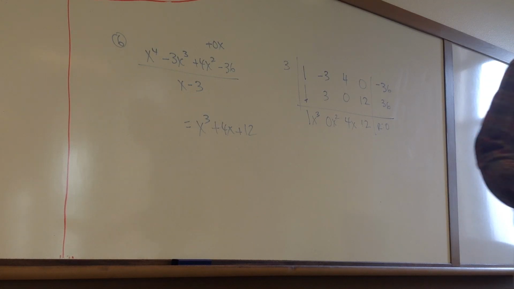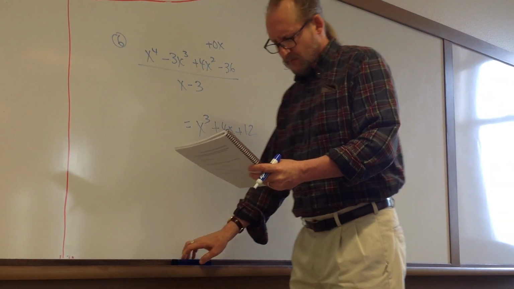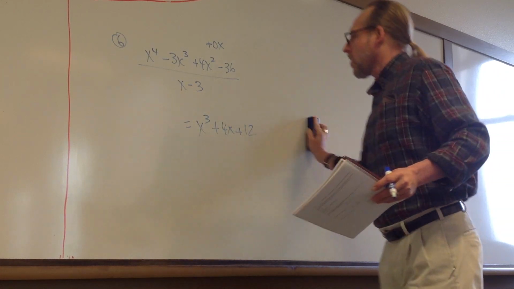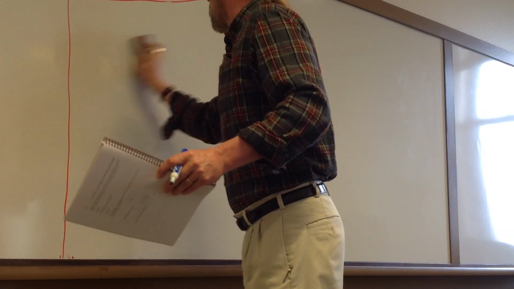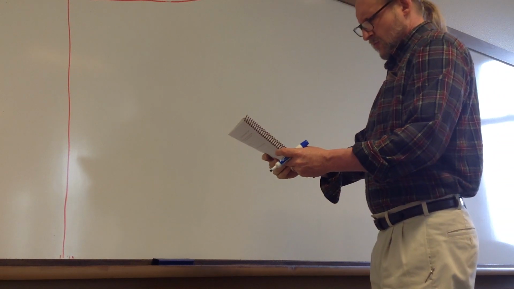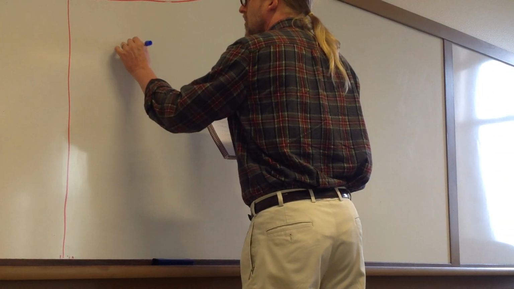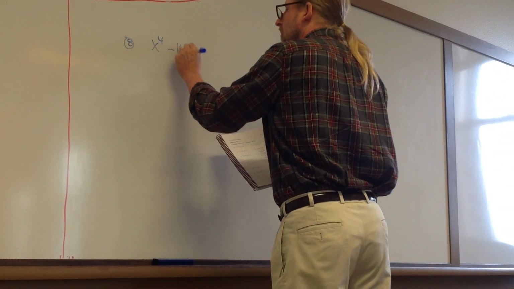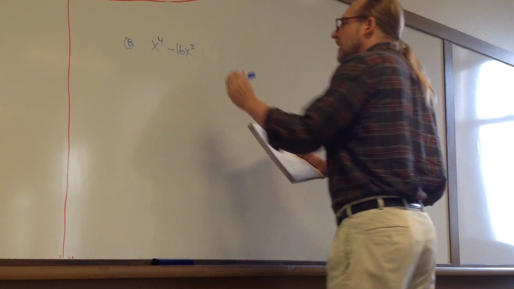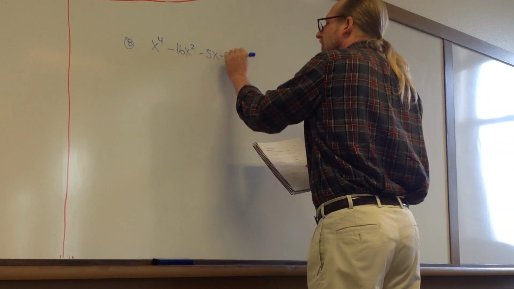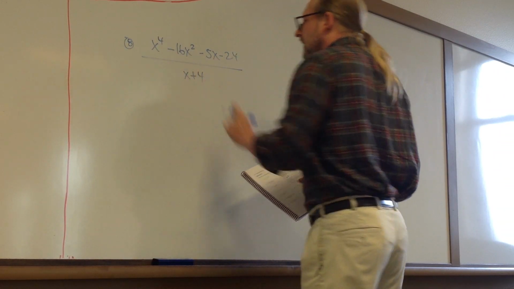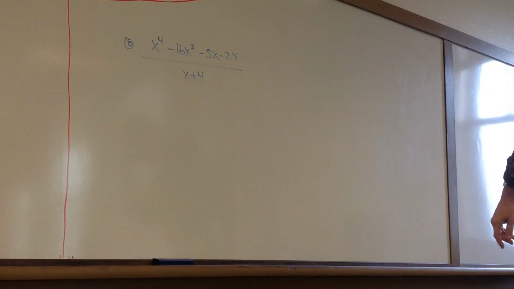Let's look at problem 8. X to the 4th minus 16x squared minus 5x minus 24, and we're dividing by x plus 4. Okay, let's see here.